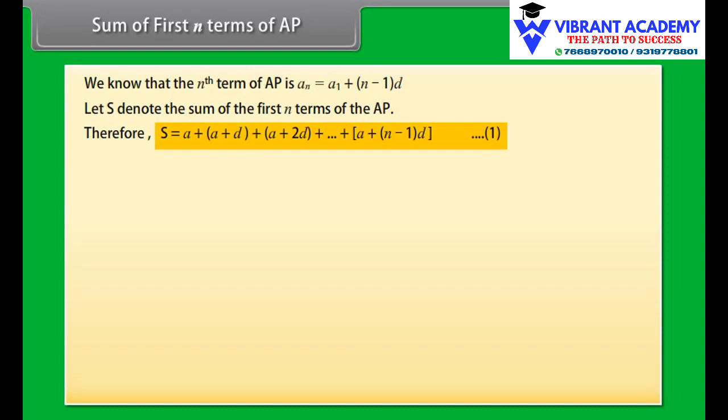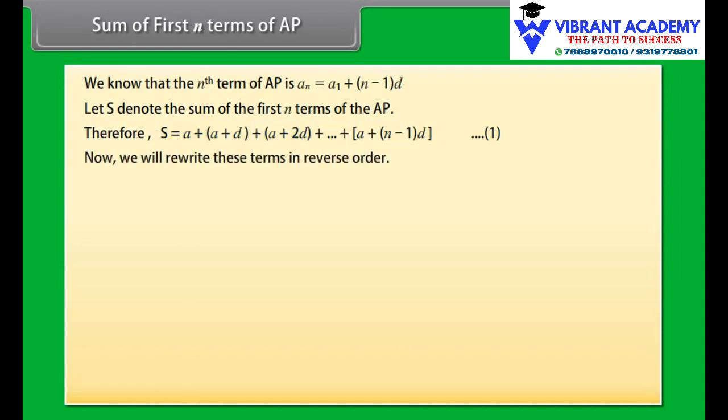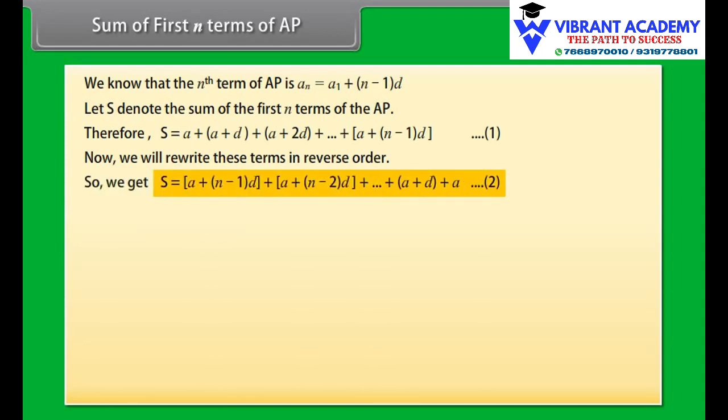Mark it as equation 1. Now we will rewrite these terms in reverse order. So we get S is equal to (a plus (n minus 1)d) plus (a plus (n minus 2)d) plus so on plus (a plus d) plus a. Mark it as equation 2.